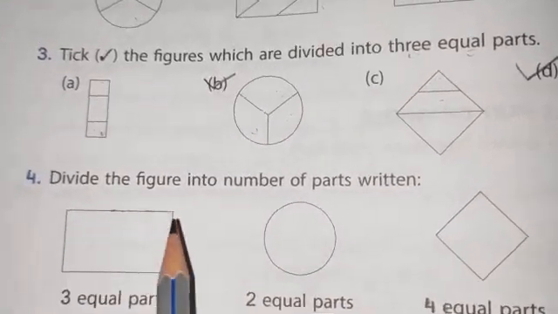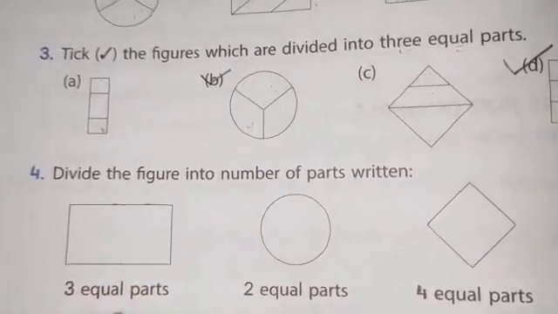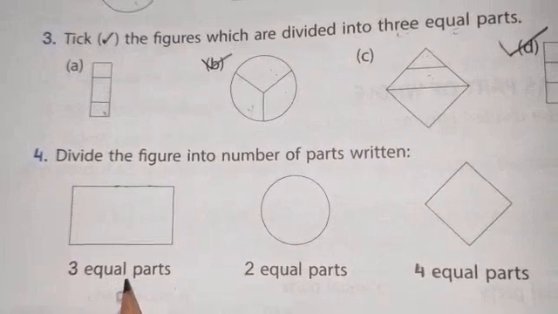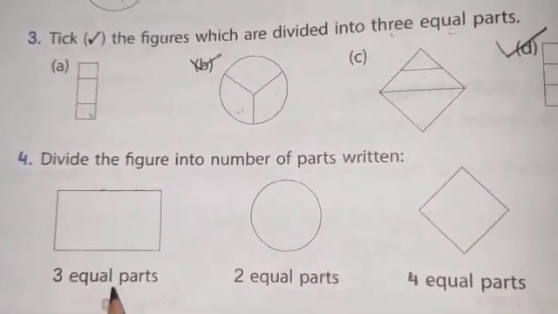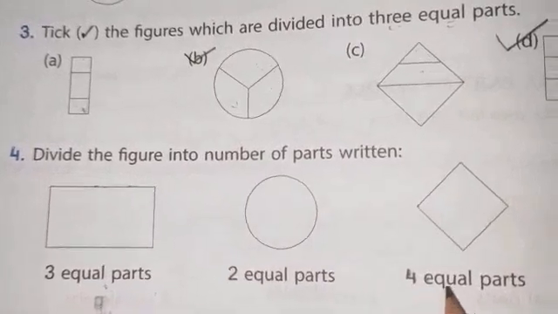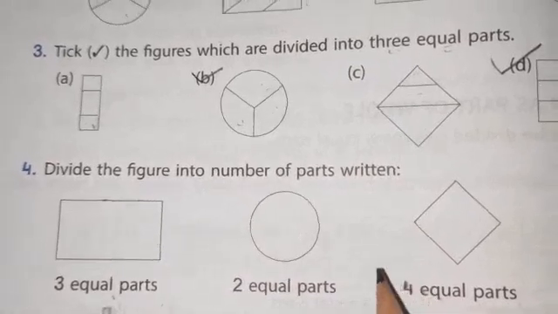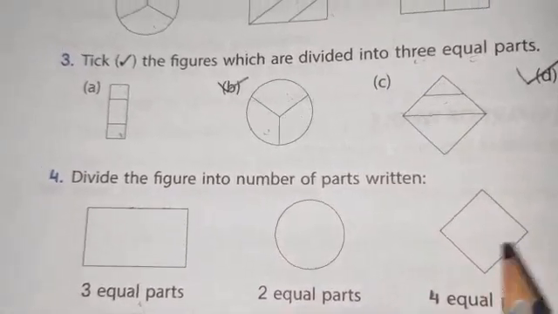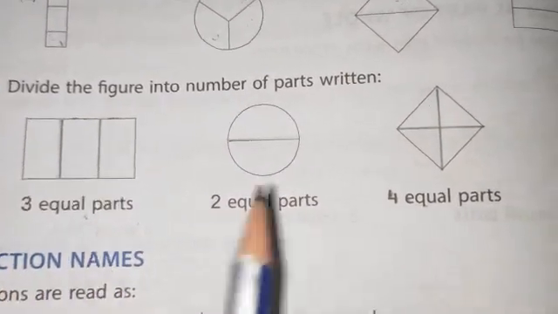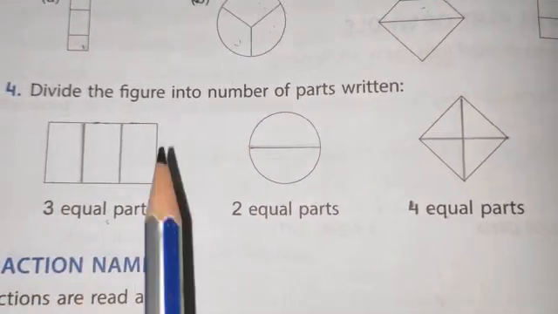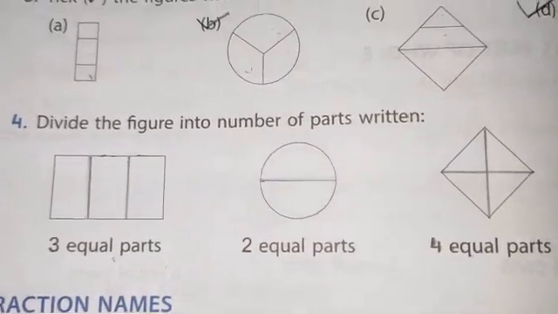Okay, so here you have to use scale for the division, and you will be dividing the mentioned shape into the mentioned parts given below, just below the shapes. So children, please use scales for the division.